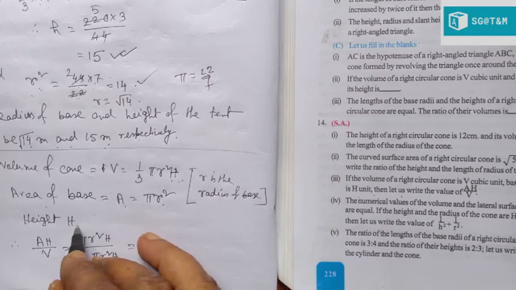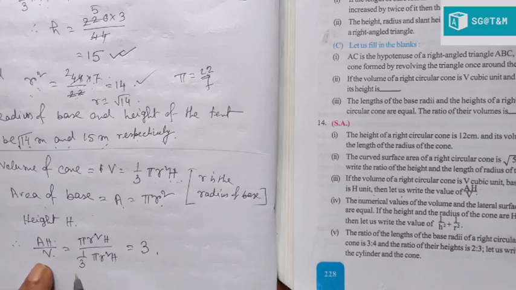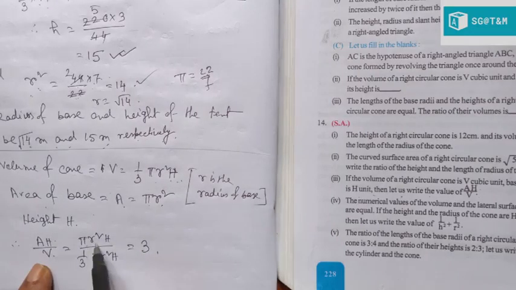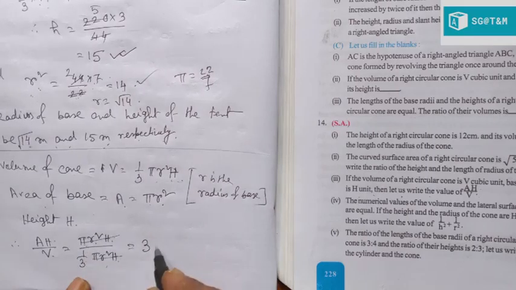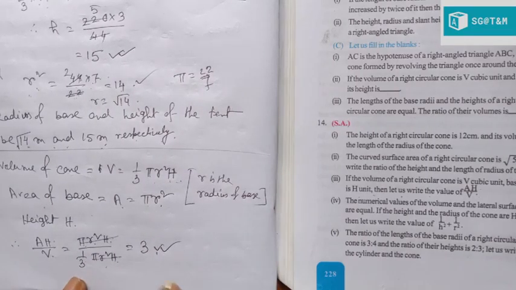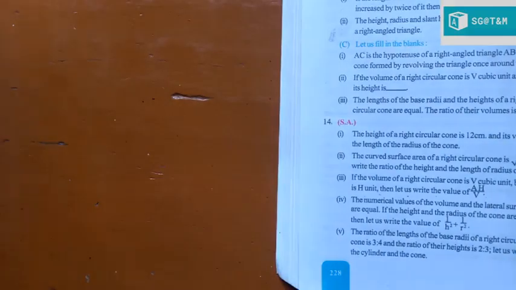Now we have to find out the value of AH by V. Put A is equal to pi r square, H remains intact, and volume is 1/3 pi r square H. So pi r square H and pi r square H cancel out. So 1 by 1 by 3, that is 3. So value of AH by V is nothing but 3. Very easy question.